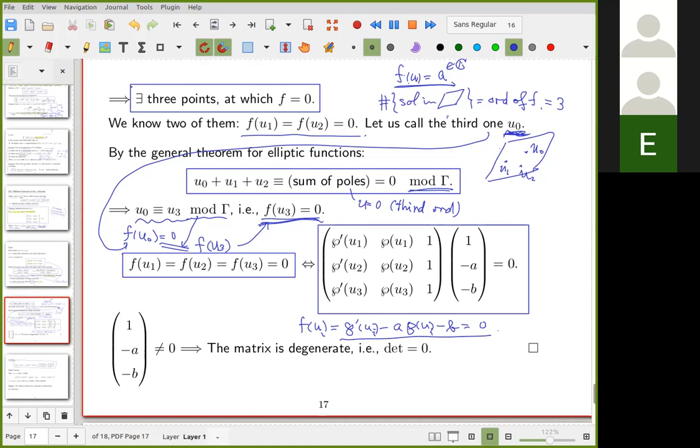Okay, so what? This vector is not 0, as you see, because there is a non-zero component here. What does this mean? This matrix should be degenerate, because this linear equation has a non-zero solution.